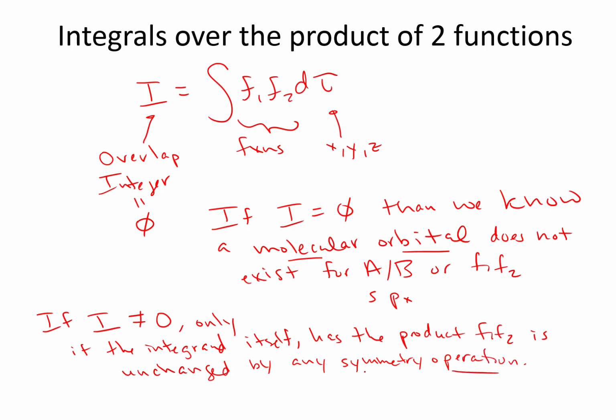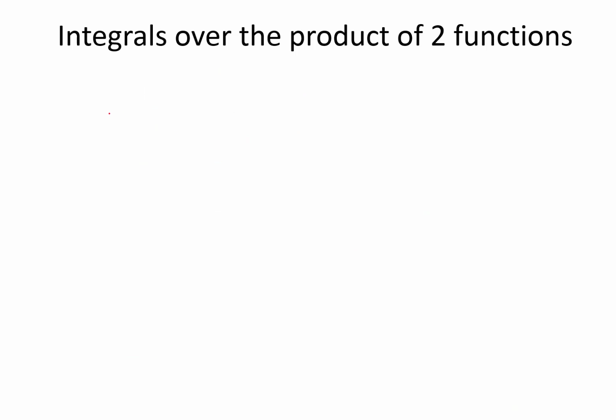It has to be unchanged. What does that mean? If you're unchanged by any symmetry operation, well, therefore, it must be the A1 symmetry species. Big fact right there.